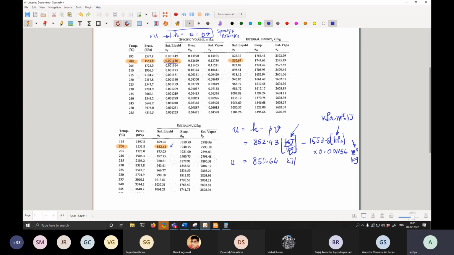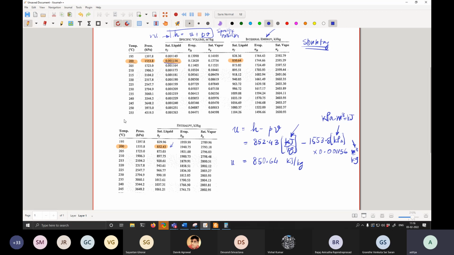And in many steam tables, so this is the steam table of Sontag, there are many steam tables where they will completely not give you the internal energy data. It is expected that you will do it using enthalpy and pressure and volume. If it is not given, you will do it using this data.